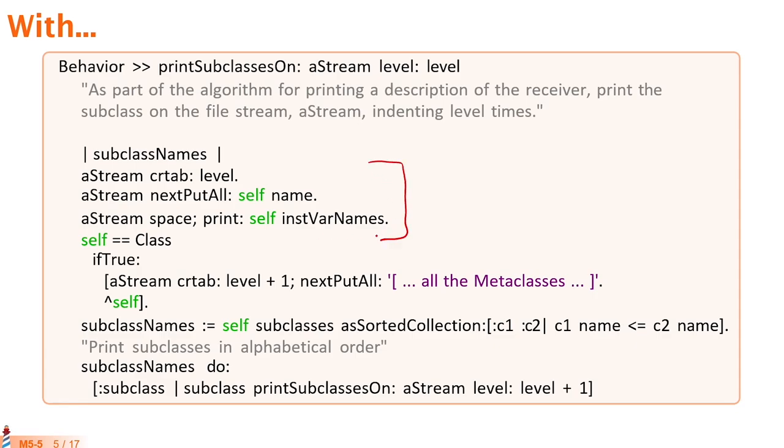This is for the current class that we are printing, and then it iterates over all the subclasses, doing this printing in a recursive way. It does some ordering, so we can print the subclasses always in the same order, but basically it is applying the same procedure to the subclasses.